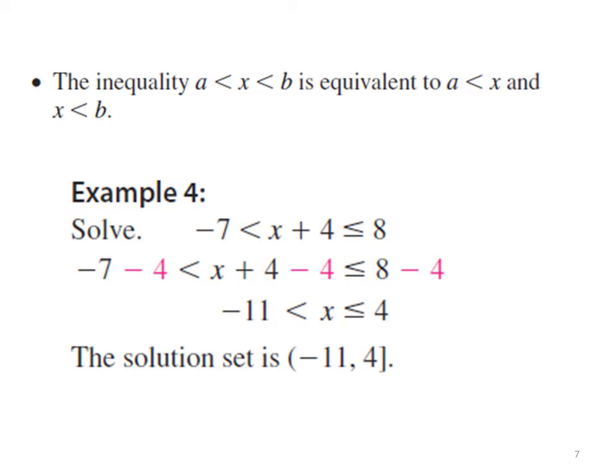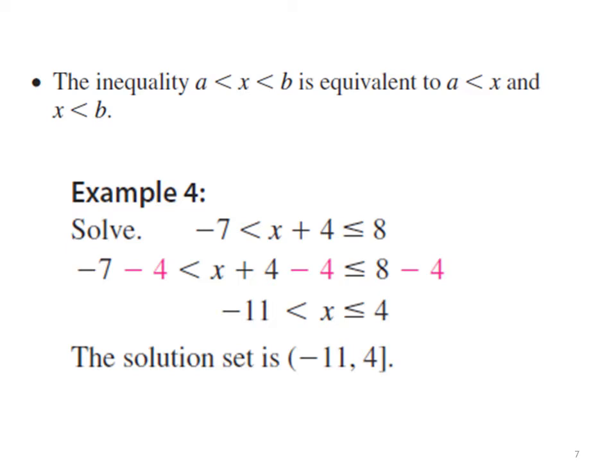We want to solve -7 less than x plus 4 less than or equal to 8, or think of it as x plus 4 greater than -7 and less than or equal to 8. But again, anything you do to one side, you do it to all sides.